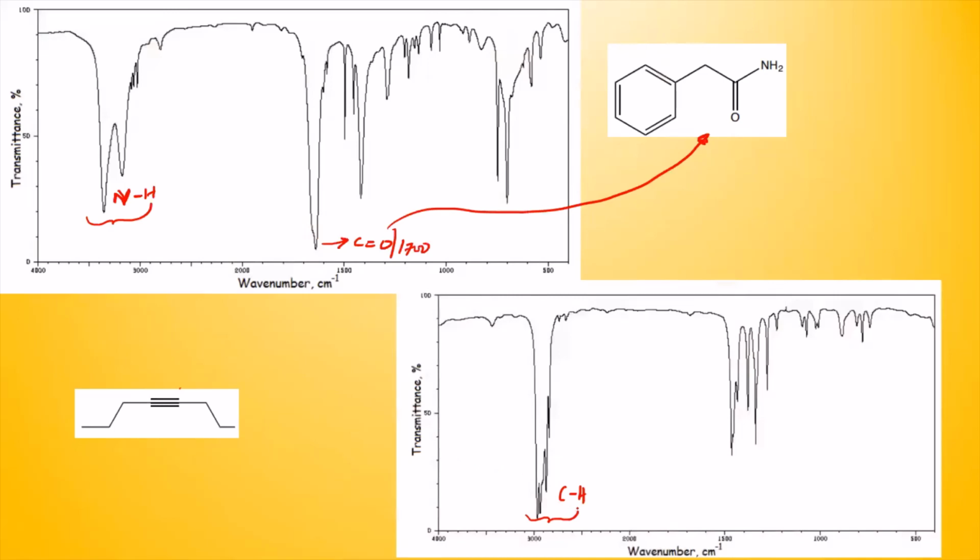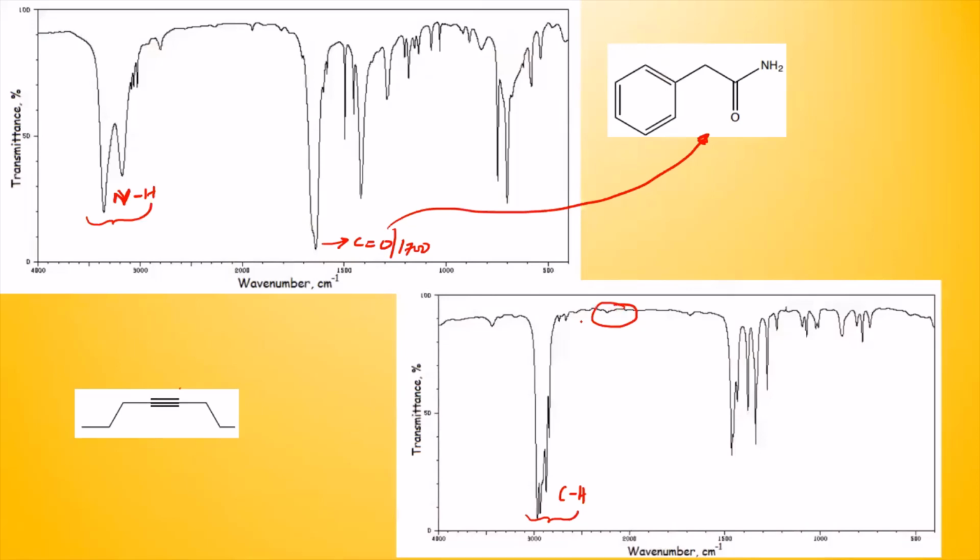This is a C triple bond H, and then there's also a C triple bond C stretch, which is around 2260, which is, well, not seen much here because you can see that it's variable, right? It says 2100 as well. There's no real peaks here. That's not a giveaway, right?